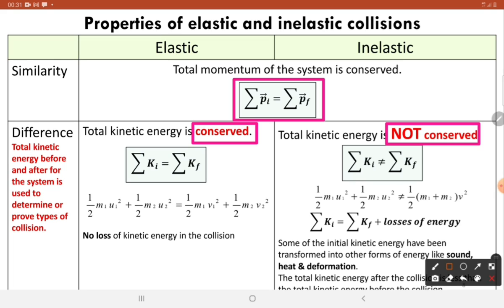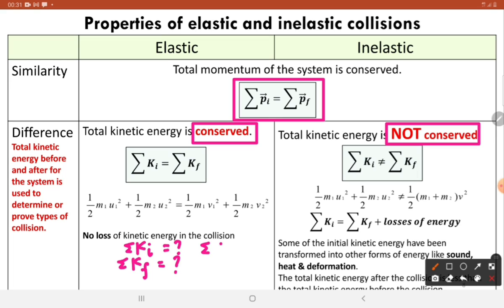The value of total kinetic energy before and after, you can use to prove the type of collision. If the question asks us to show whether the collision is elastic or inelastic, you can calculate the total kinetic energy initial first. Next, find the total kinetic energy final, and then you compare.